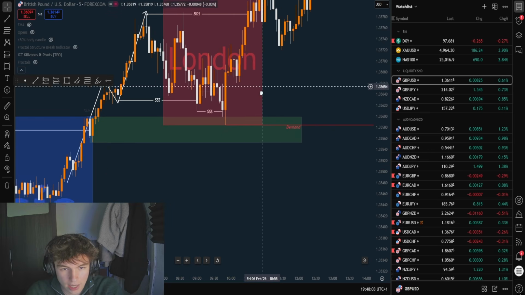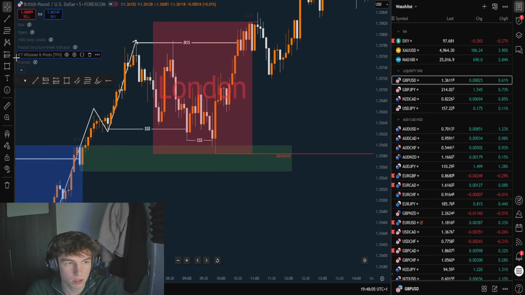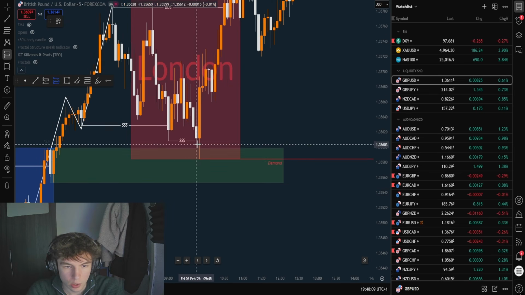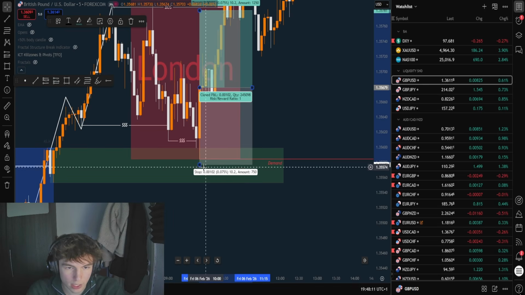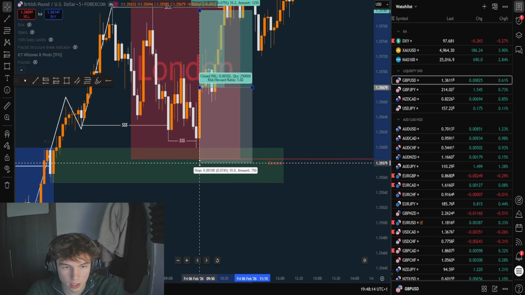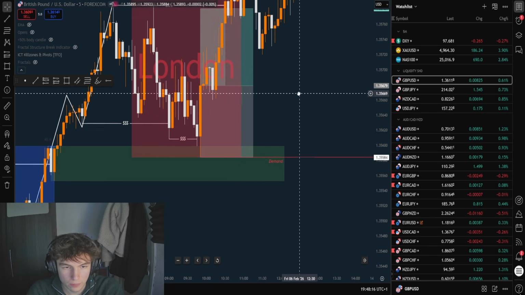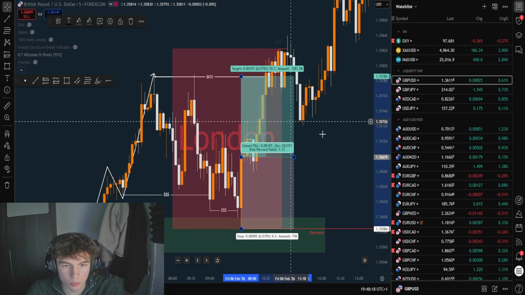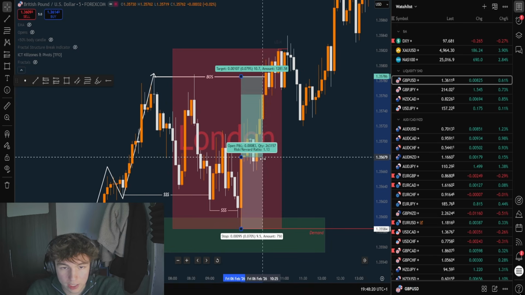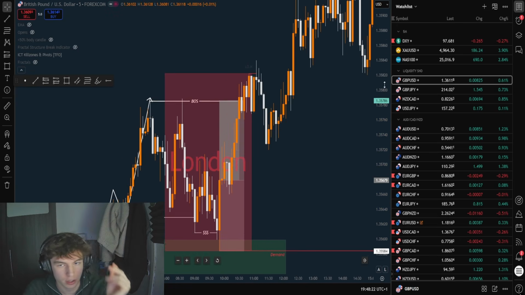But because we had a nice reaction from this zone, this was a trade we could have taken. Once we tap the zone and we close bullish, that's when we enter, with our stop just below the wick, like this, and we target a new break of structure. This would have been a nice trade, but not very high RR.